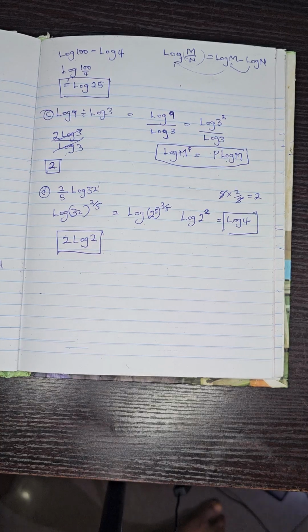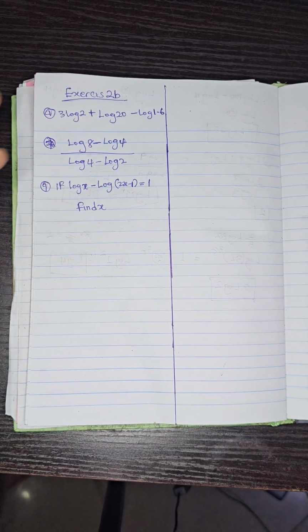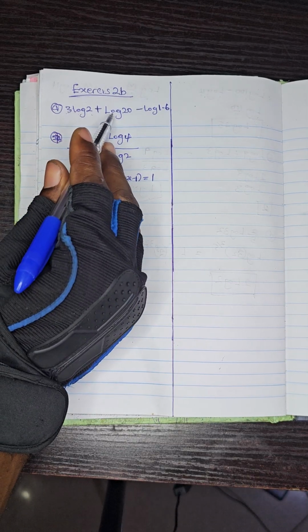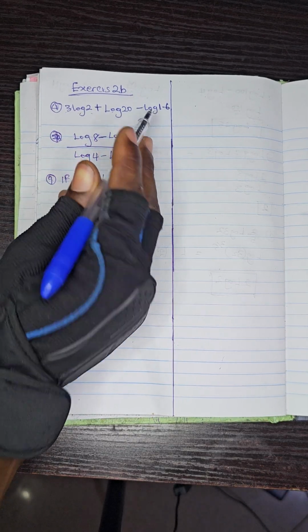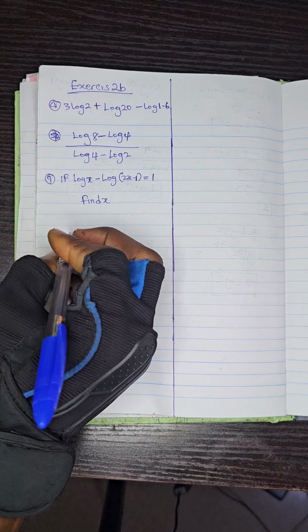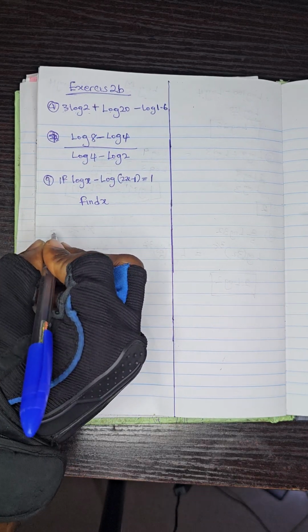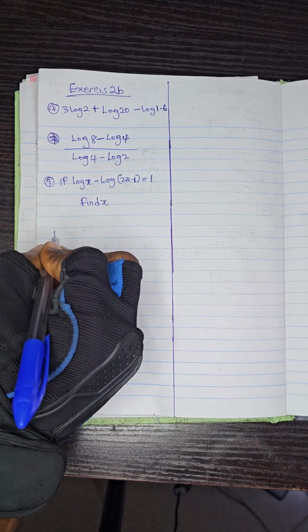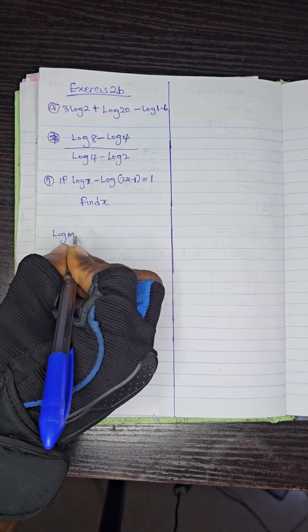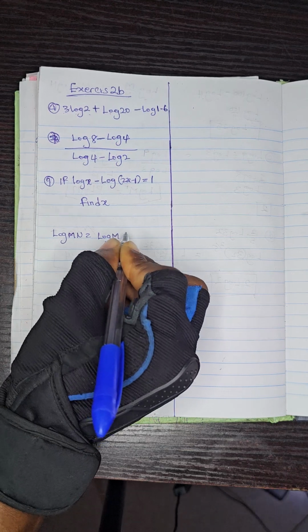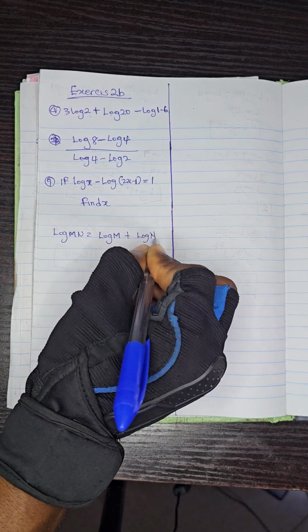So let's take an exercise and solve, and then we'll use it to round off this topic. So let's solve these examples. The first one says 3 log 2 plus log 20 minus log 1.6. We use our normal rule. First law says that log mn is log m plus log n.